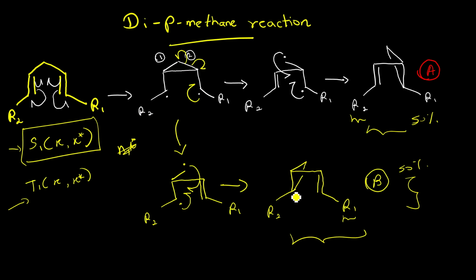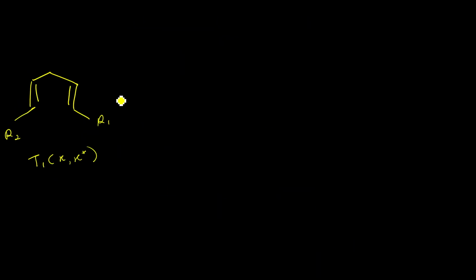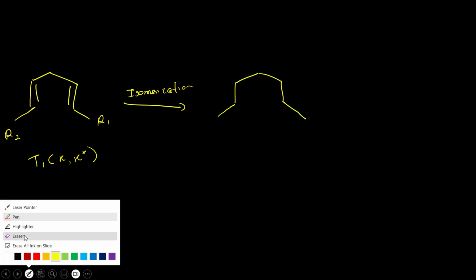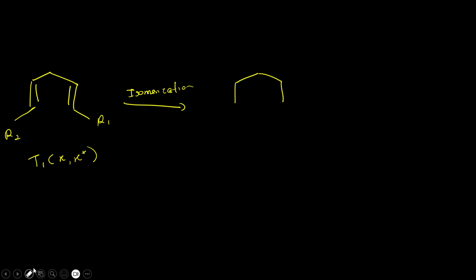This particular reaction won't happen, only isomerization will happen. In this case the positions of these R2 groups will differ. Sorry, let me draw it again. These two are inwards like this.